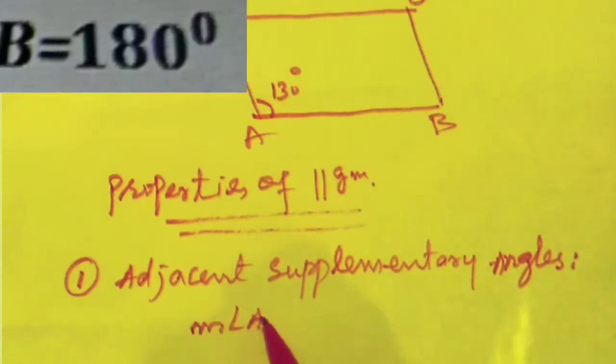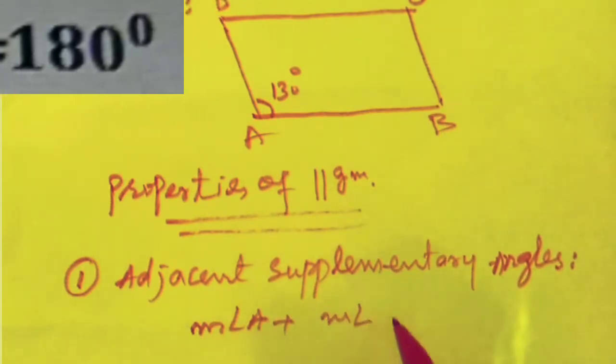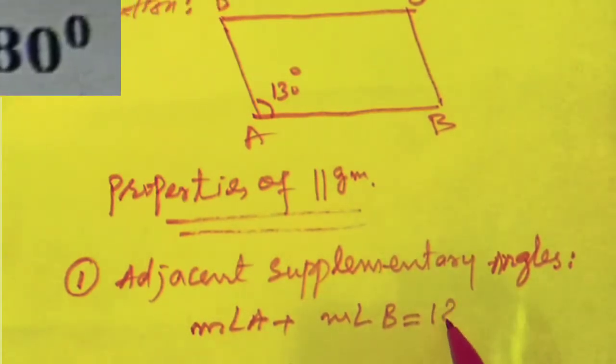Measure angle A plus measure angle B is equal to 180.